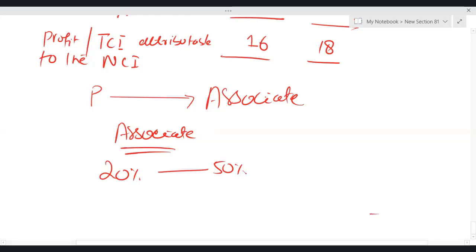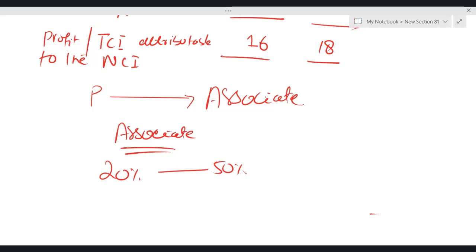Okay, now listen to me carefully. When you are dealing with an associate, logically there are two approaches, both are acceptable. But nowadays, we go towards a simple approach rather than the consolidated approach. I'll share both approaches with you.